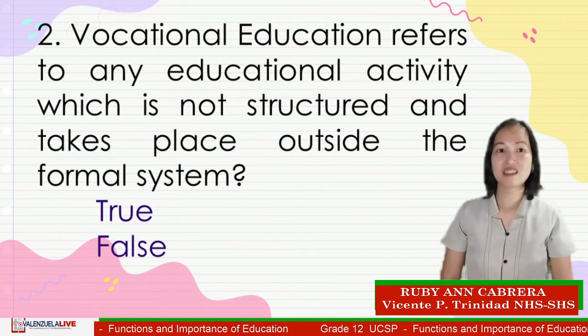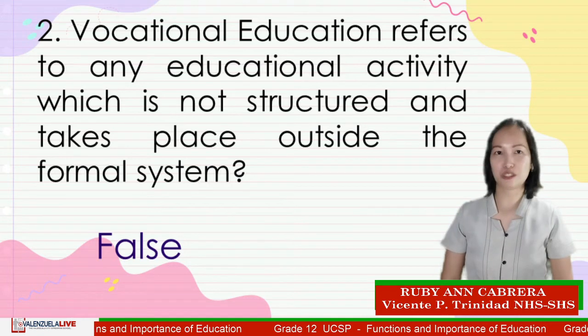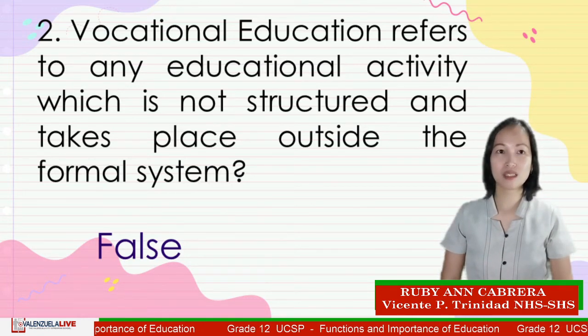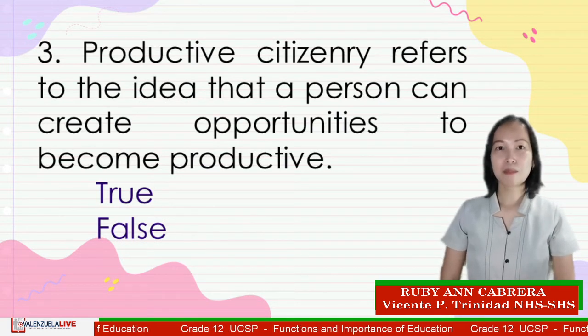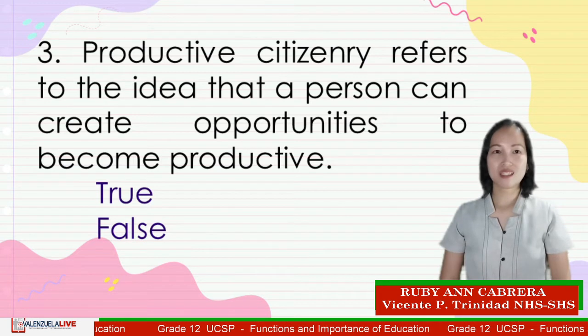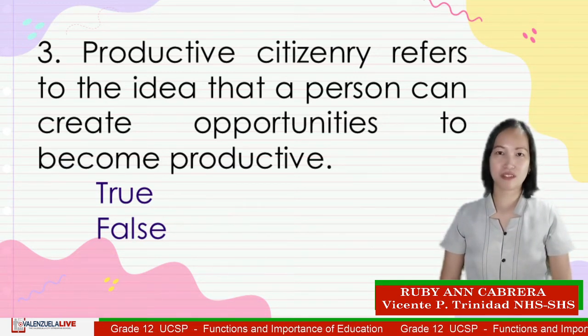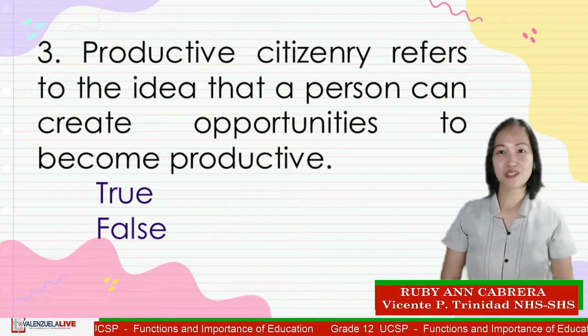The answer is false because it is non-formal education. 3. Productive citizenry refers to the idea that a person can create opportunities to become productive. True or false? The correct answer is true.